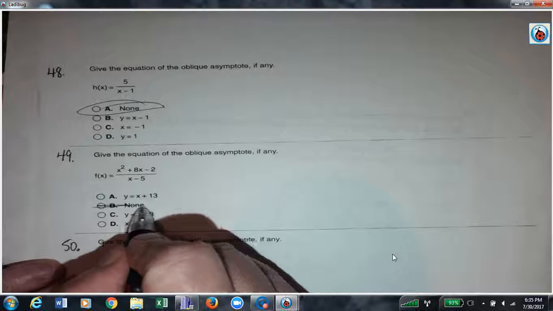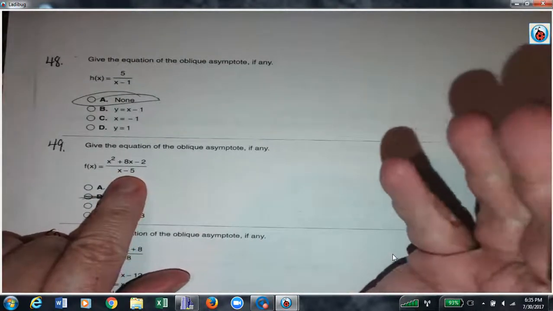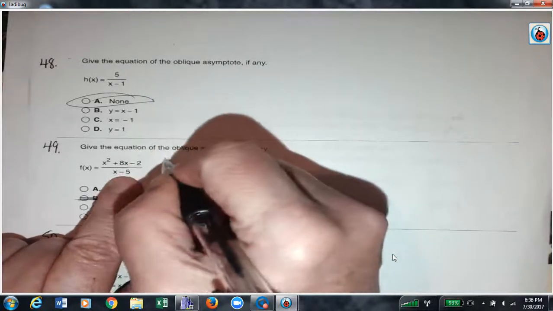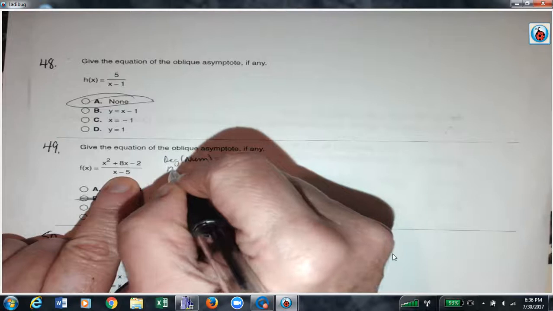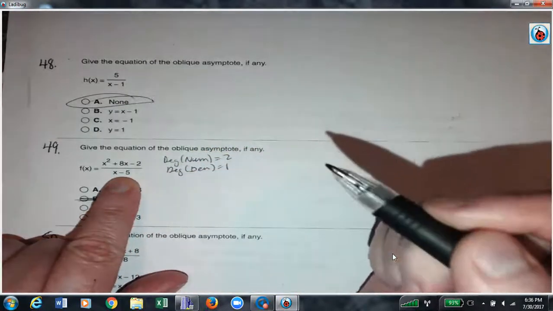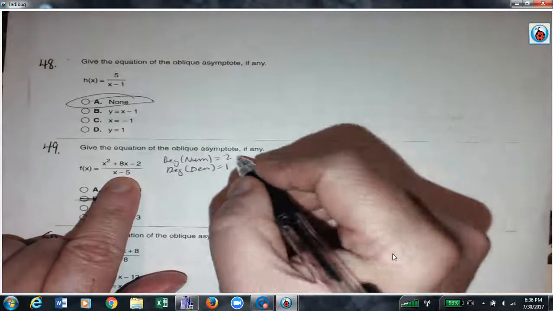So we know we're going to have one. And the way we do this is, the degree of the numerator is 2, the degree of the denominator is 1, so the top is 1 degree more than the denominator.